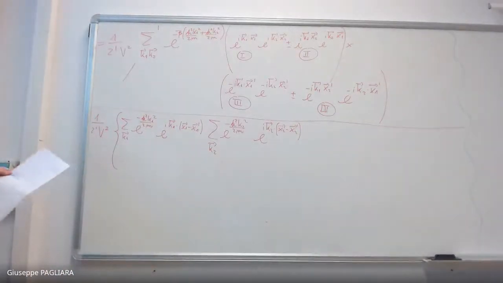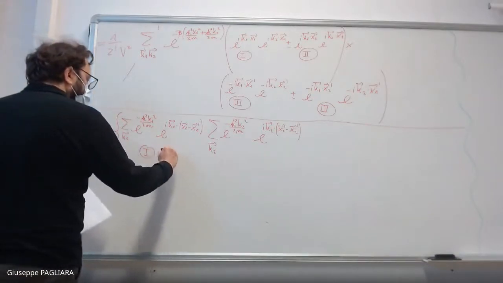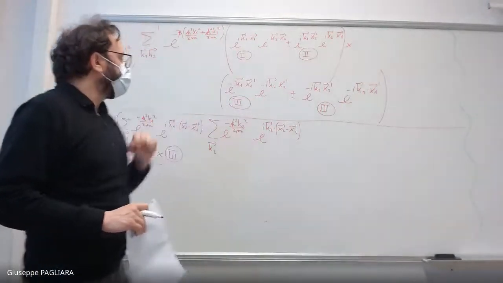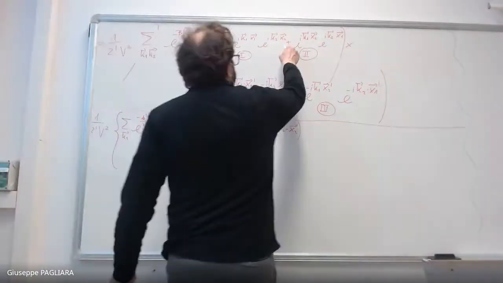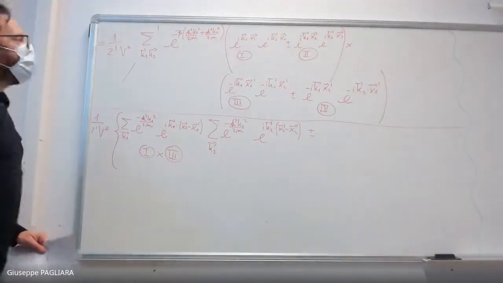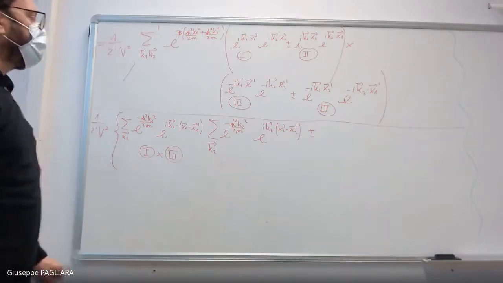And this is the product of 1 times 3. I'm multiplying this term by this term. Then I have plus minus that comes from here. Now you have 1 times 3, and then I have 2 times 3.